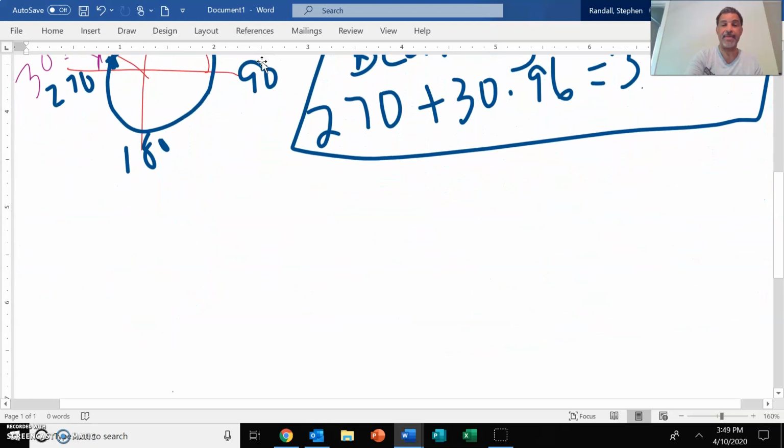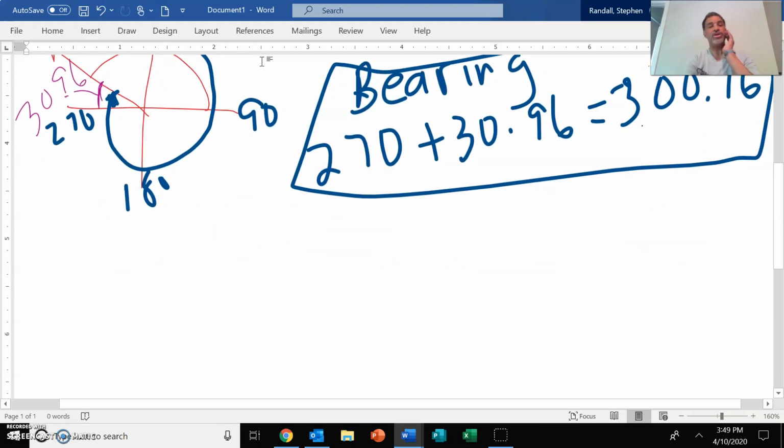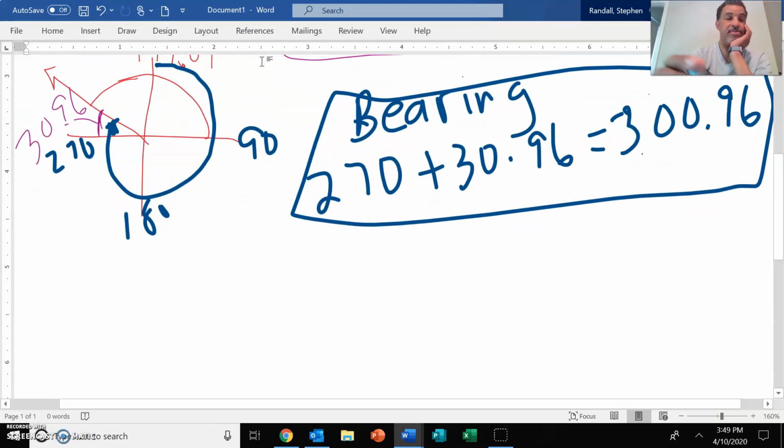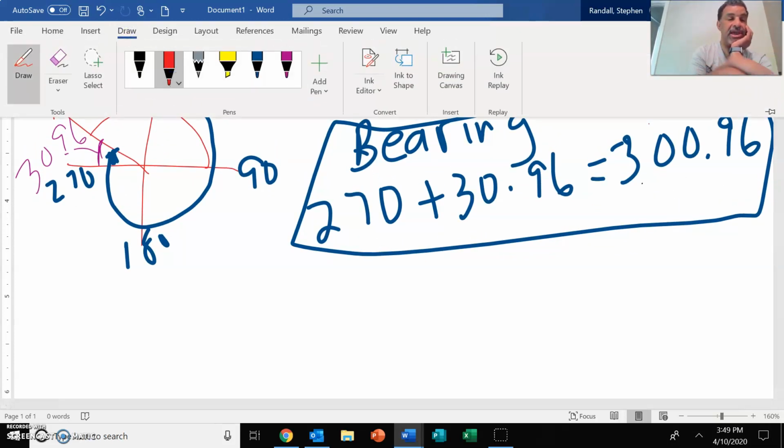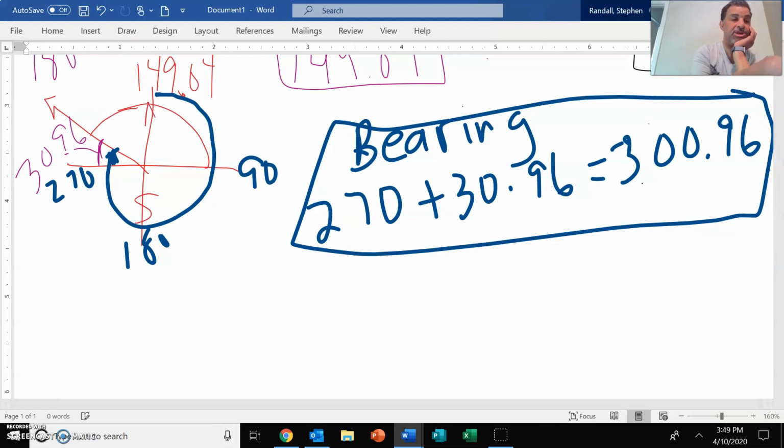Then let's look at a map bearing for that. So looking at the same figure, the map, if you recall, is looking at north, south, east, and west. So this would be south, this would be north, this would be east, and this would be west. And because the angle is in the second quadrant, I really only want to focus on that part right there.